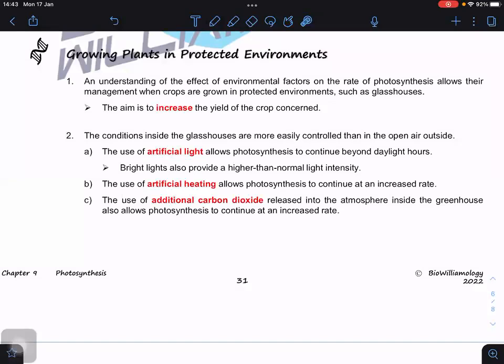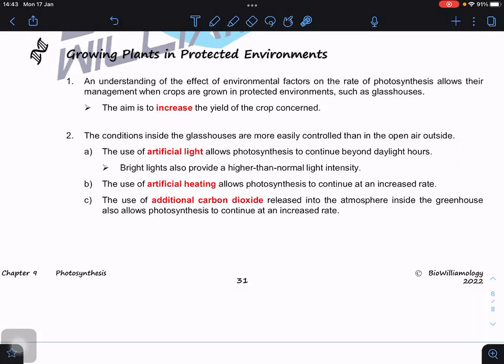So this kind of environment is called a protected environment. It's not like open air, we can keep the plant inside a glass house. Are you clear? So we can supply artificial light, but don't think that because plants are green, they like green. In fact, they reflect green color.